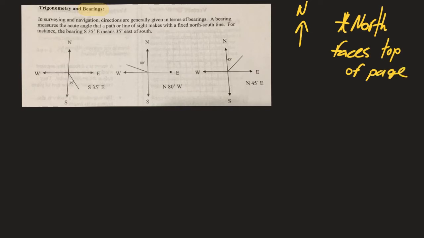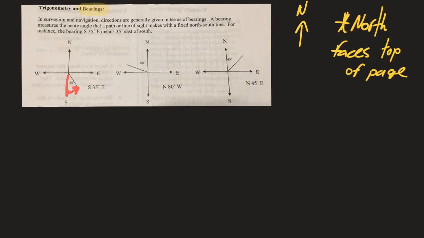Now, how do we write a bearing from this? Okay. All we do is we always start at north or south, and we see what angle am I swinging out. Okay. So, for example, in this very first one, you can see in the first picture that, hey, you would start at south and you swing 35 degrees to the east. So what are you going to say?